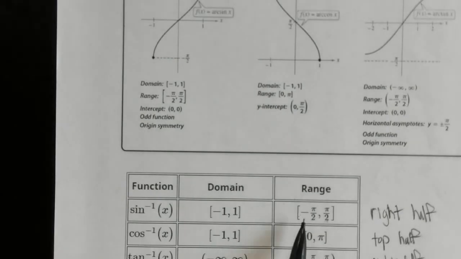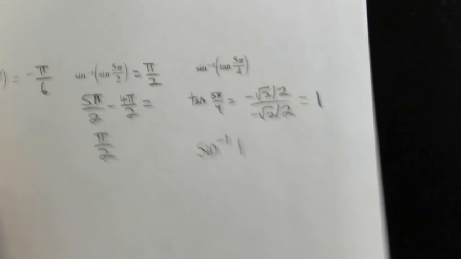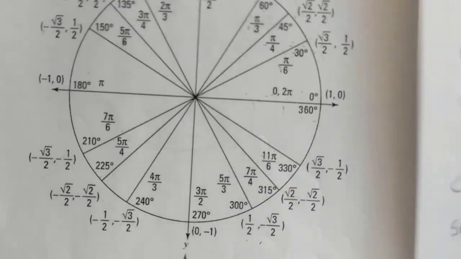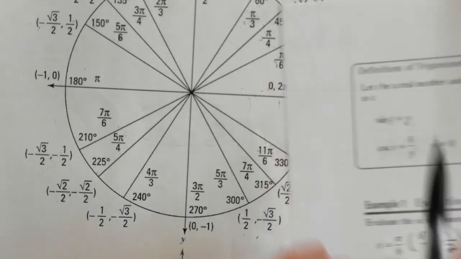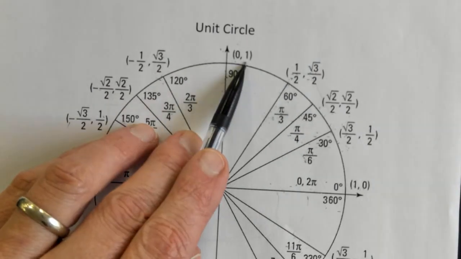Keep the range in consideration here. The range is from negative pi over 2 to pi over 2, or the right half of the circle. So is there anything on the right half of the unit circle that has a y value in the ordered pair of 1? And there is one angle that fits that criteria, and that's pi over 2.